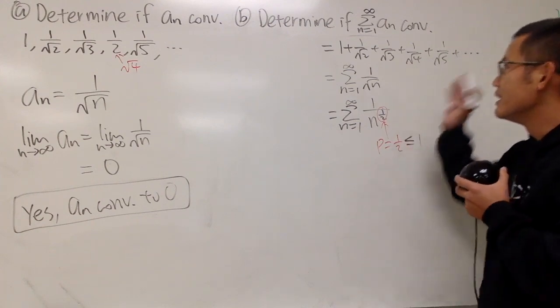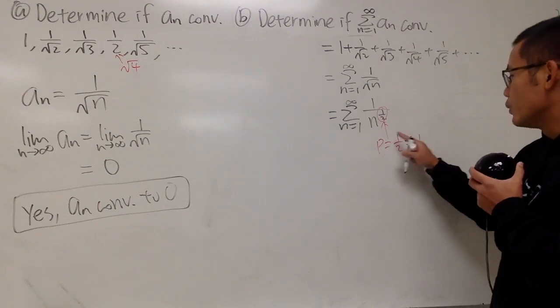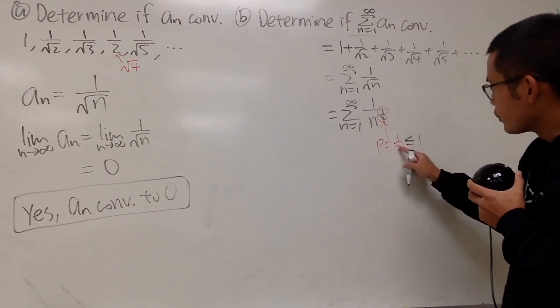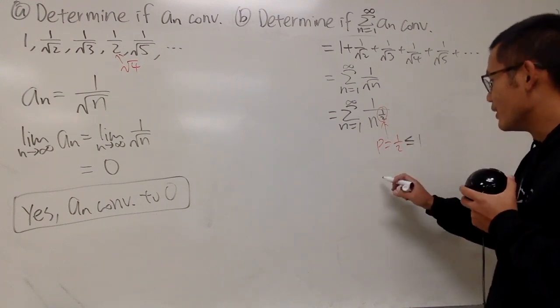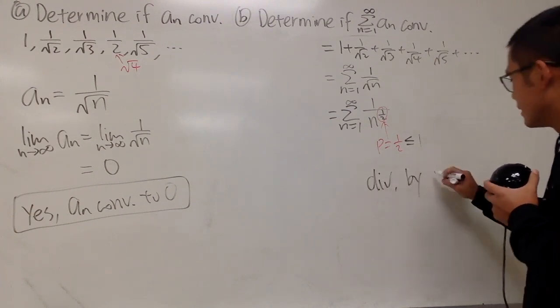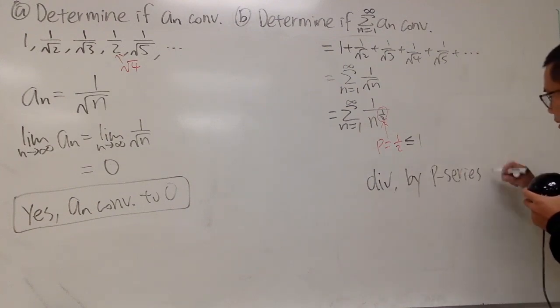And that means this right here diverges, right? Because if you're using the p series, you have to compare the p value, the power, with 1. This is less than or equal to 1. So this right here diverges by the p series test.